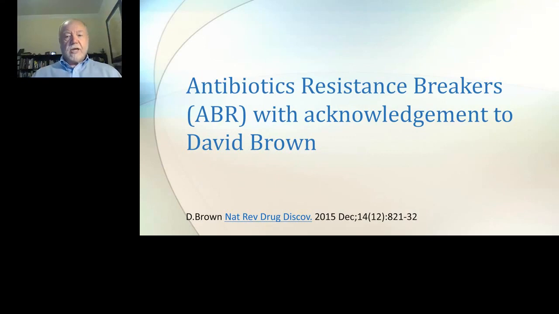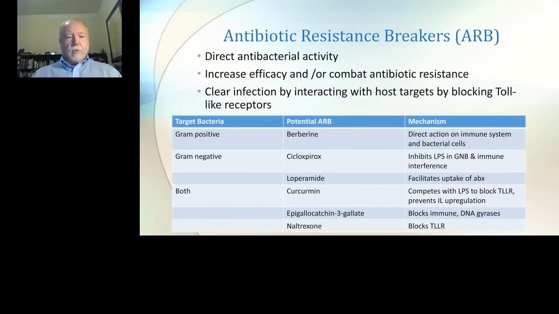Coming towards the end here, antibiotic resistance breakers, and I acknowledge David Brown, and his paper is well worth a visit if you have the chance. And what he's done, and other workers have done, is look at compounds that we've used for years: berberine, cycloperox, loperamide, one of the classic antidiarrheal drugs. All of these have got some activity either on the immune system or directly on the bacteria themselves.